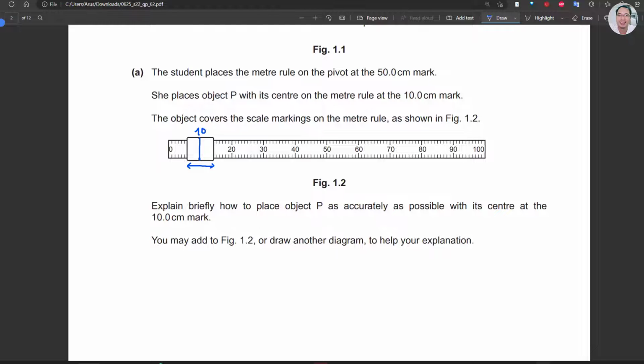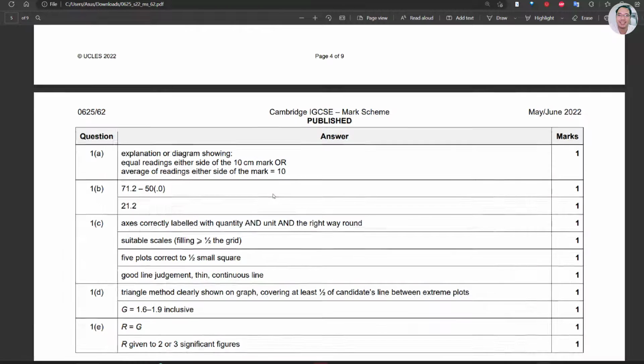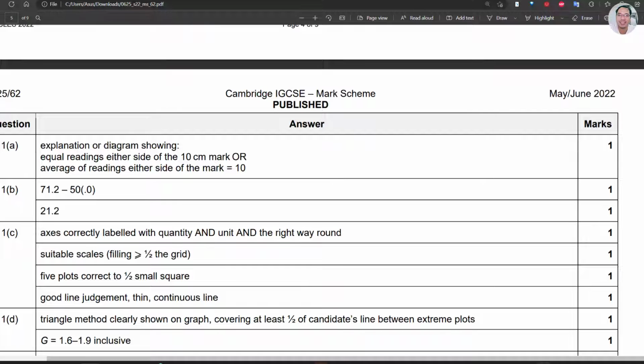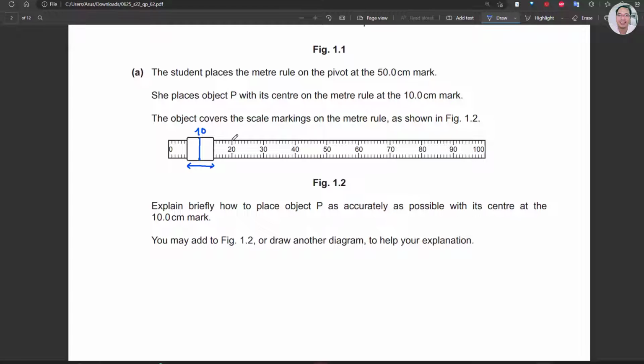So let's see what it says in the mark scheme here. Explain diagram showing equal readings either side of 10 centimeter mark or average reading either side of the mark. As I understand this mark scheme, it is 10, so you need to add a and subtract a, with a being half of the length of this object.